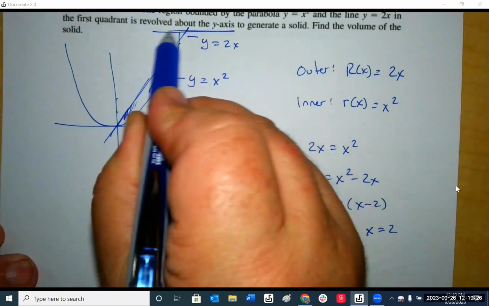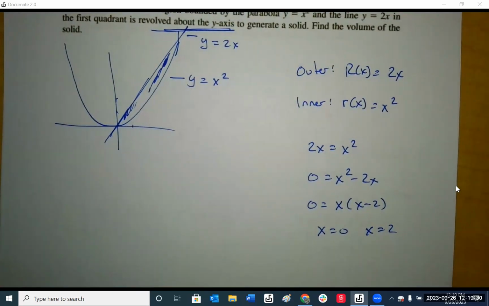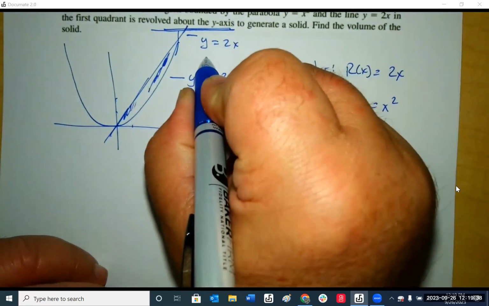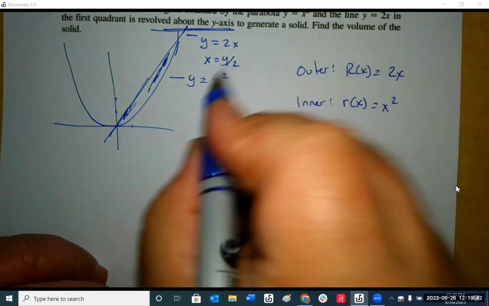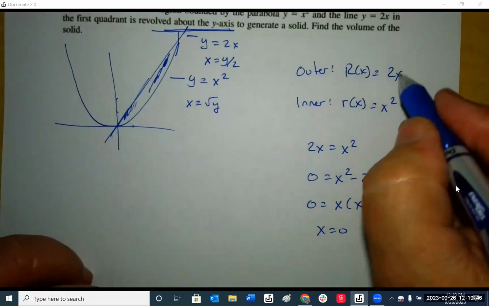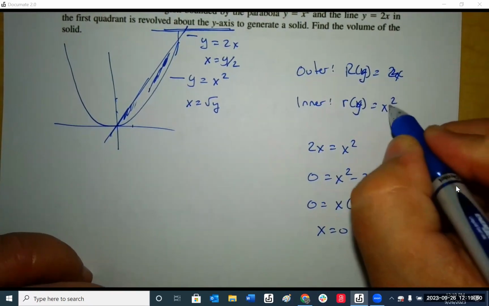This one's revolved around the y-axis. So I have to solve everything for x. So the first one, this one becomes x equals y over 2. X equals square root of y. We're integrating with respect to y.